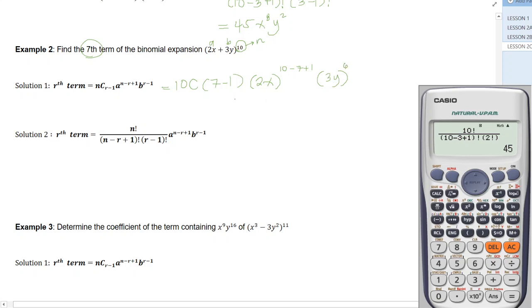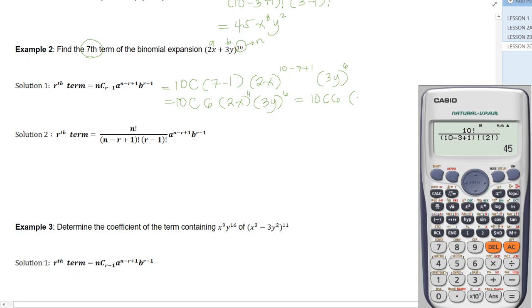Okay, so simplifying that further, it will give us 10 combination of 6, and then that is 2x raised to 10 minus 7, that is 3 plus 1, that is raised to 4. Okay, so that is 3y raised to 6, and that is also equal to 10 combination of 6, and then that is 2 raised to 4.